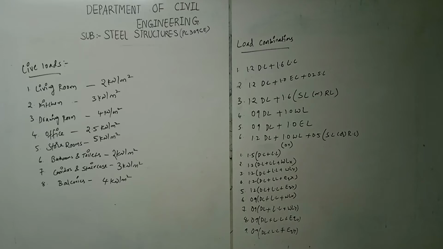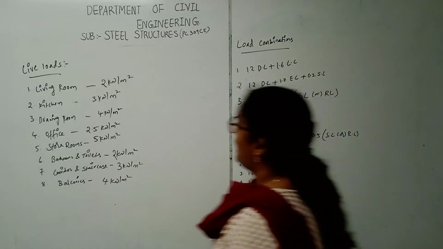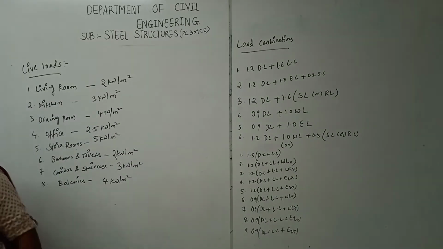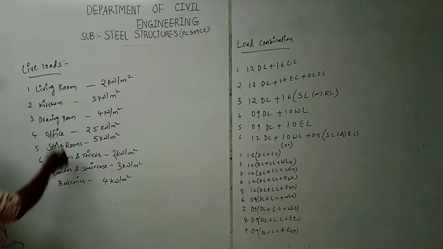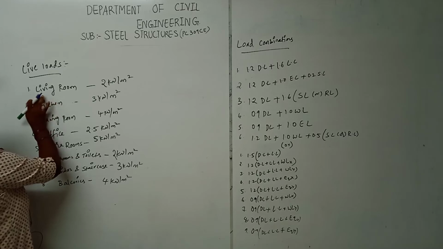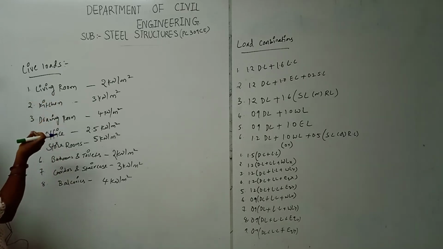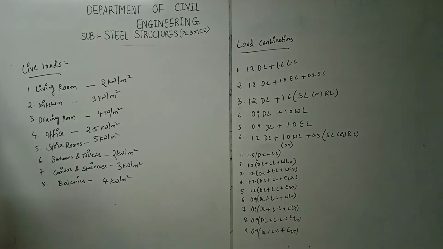Next we will study the live loads. These are all the terms given in your IS 875 part 2. There you can find all the live loads. Most of you have recently gone through ETABS and STAAD Pro also.